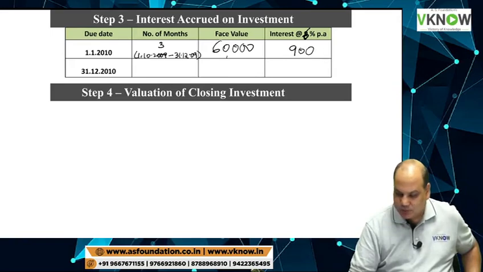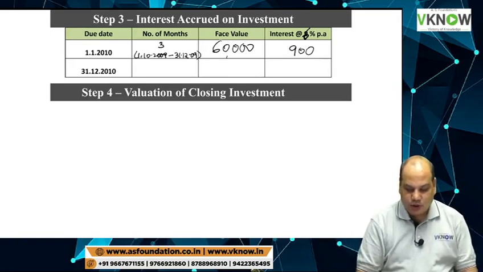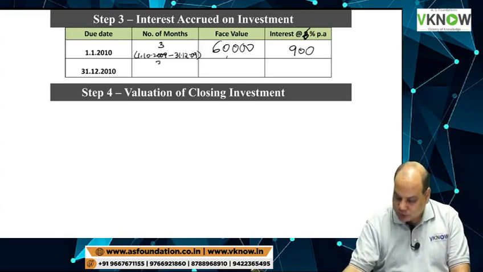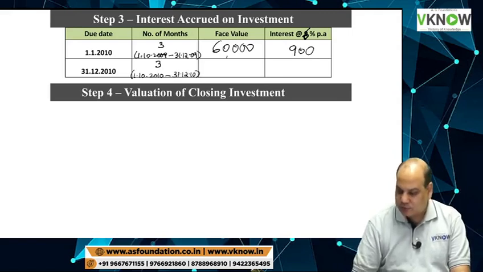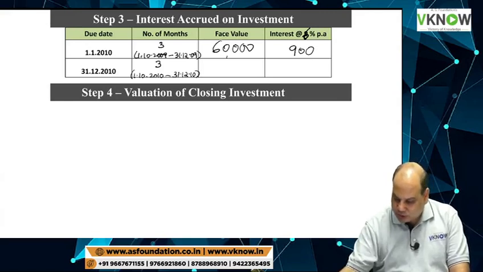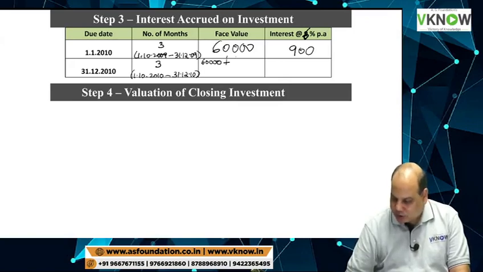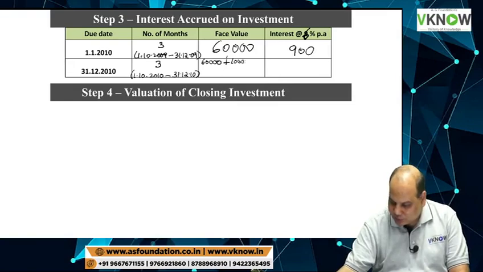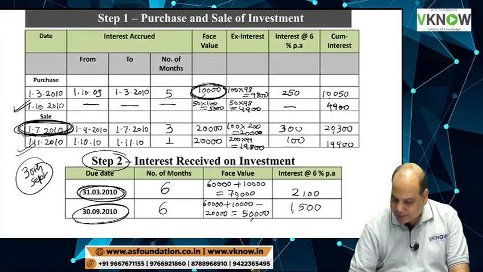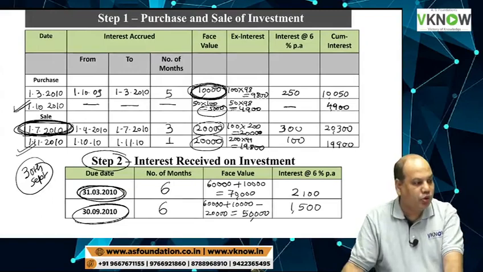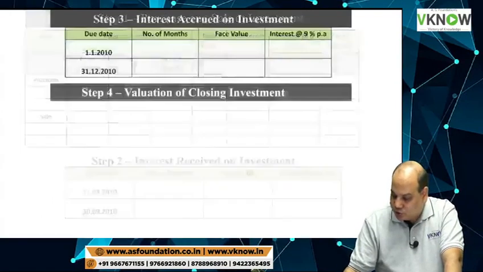And on 31st December, we have to check how many investments we are holding. This will also be 3 months, from 1/10/2010 to 31/12/2010. Let us see, opening balance 60,000, plus we have purchased 10,000 face value, this 5,000 we have purchased, and 20,000 twice we have sold.